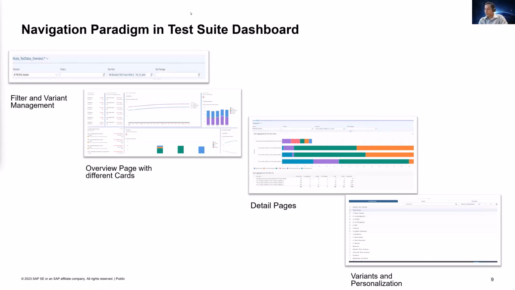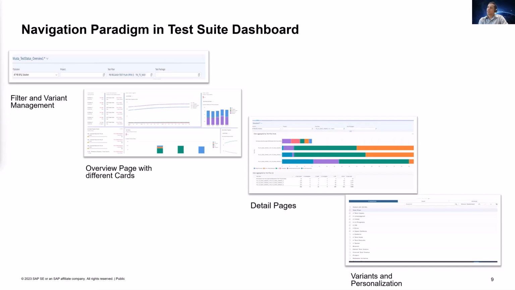So all in all, we provide the tabular display, the variant management, and so on for the test suite dashboard, but we extend it one level deeper, where you can select the dimensions and measures that you want to see. You can also sort it and group it together. So the navigation paradigm is very simple.